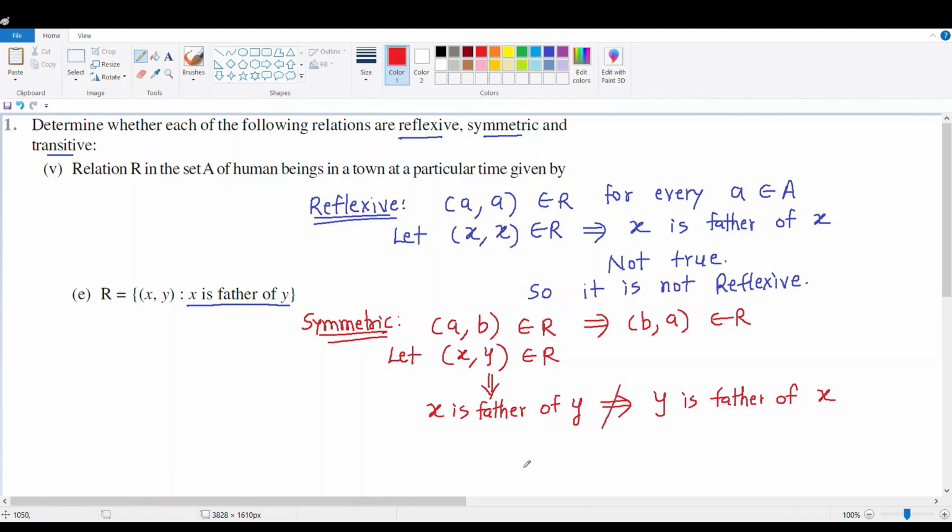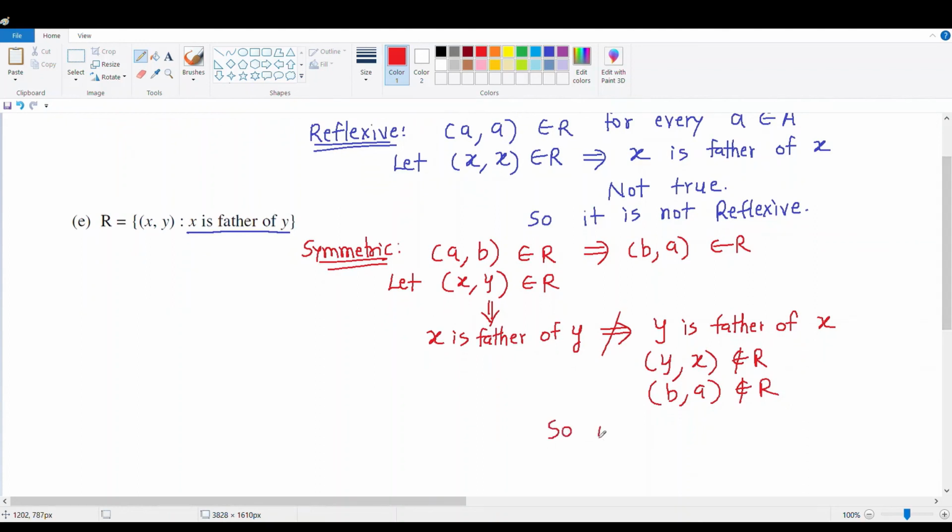No, of course not. So (Y, X) does not belong to R. That means (B, A) does not belong to R, and that means it is not symmetric.